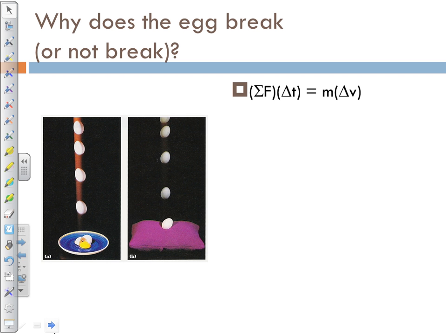Okay? Now, in the last example with the golf club, what did we want to do with delta V? Make it big, right? But we just established that in this case here, what can we say is true about delta V for both of those eggs? It's going to be the same, right? So Mark, what does that mean about the right-hand side of this equation for both of those eggs?